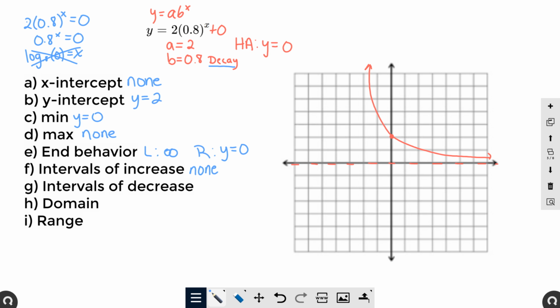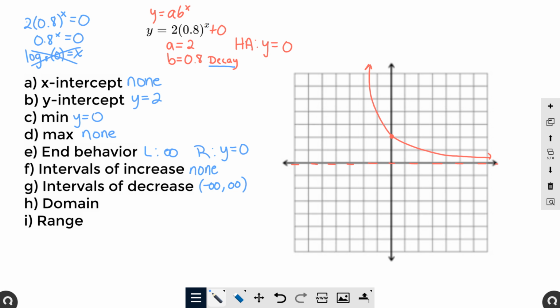Some people are like, can't we use the little funny r for all real numbers? For this one, we can't because we want the interval that the graph decreases. So it decreases from negative infinity to positive infinity. You write it in this interval notation. It decreases everywhere from all negative numbers to all positive numbers.